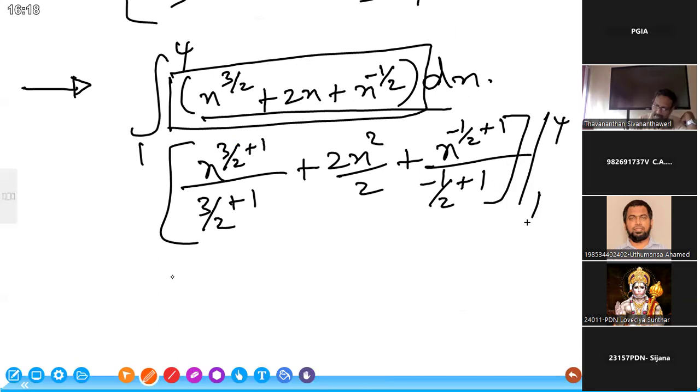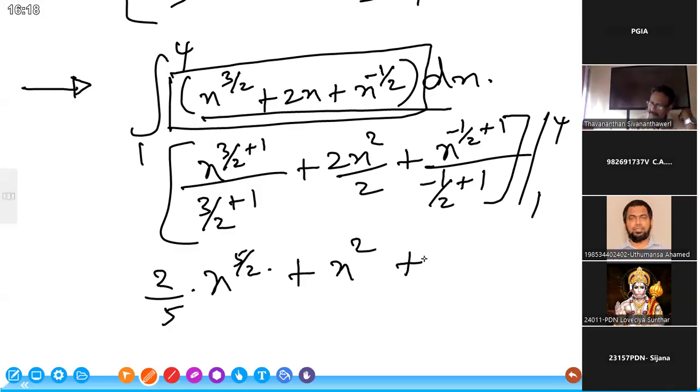That is given as x to the power 5 by 2 into 2 by 5, plus x squared, plus x to the power half, 2x to the power half.